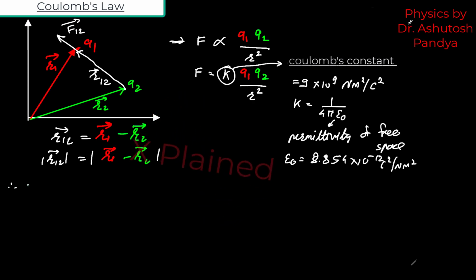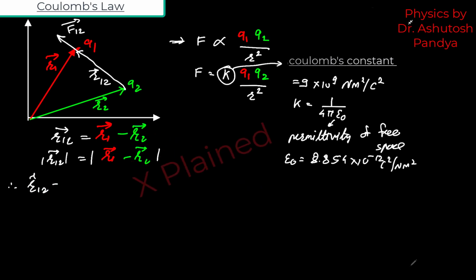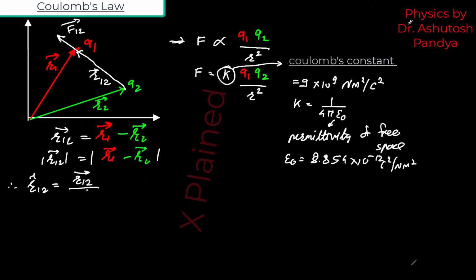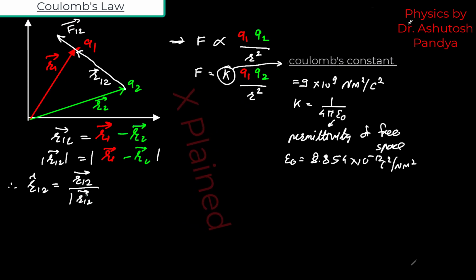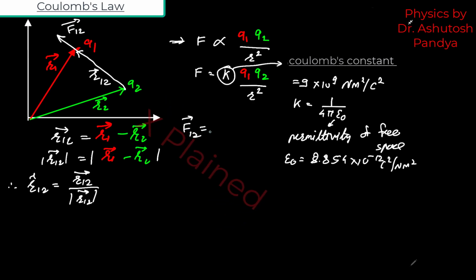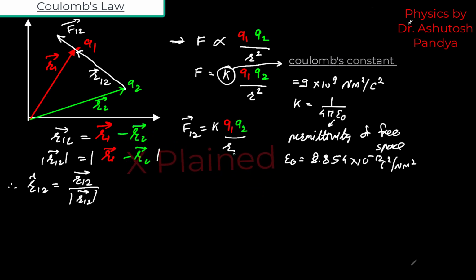So we can say R12 cap, which is the direction of R12, will be the vector upon its magnitude. So we can express the force on 1 by 2 as K Q1 into Q2 upon R12 square into R12 cap.